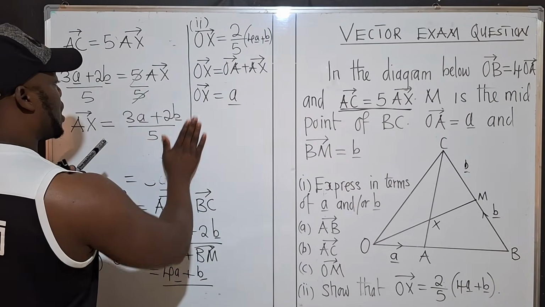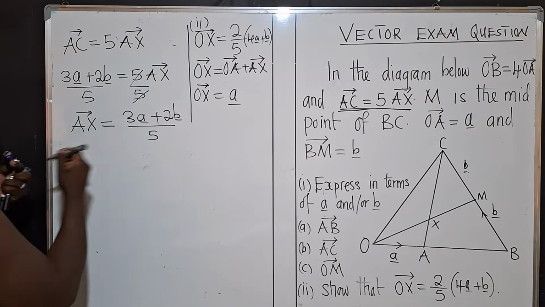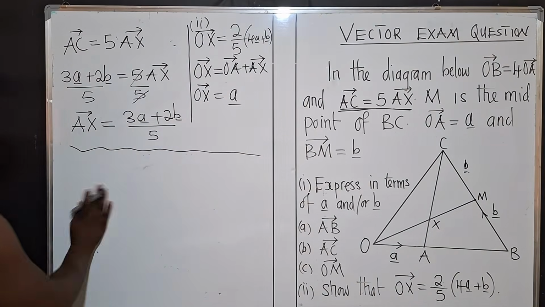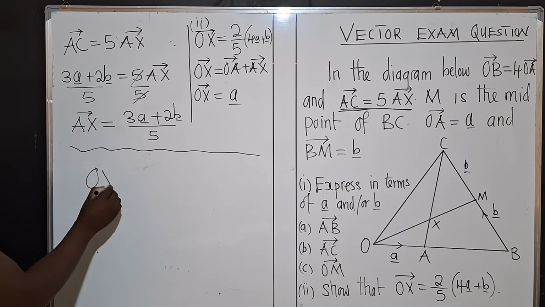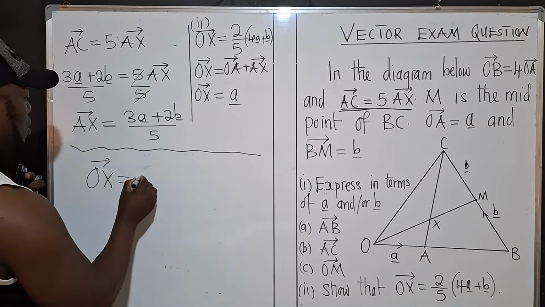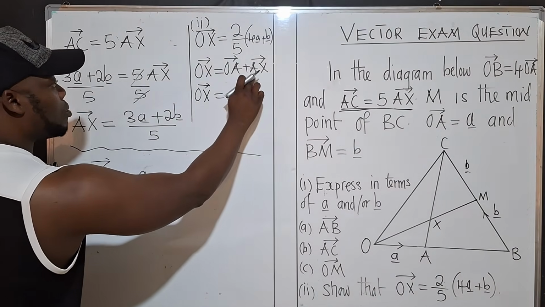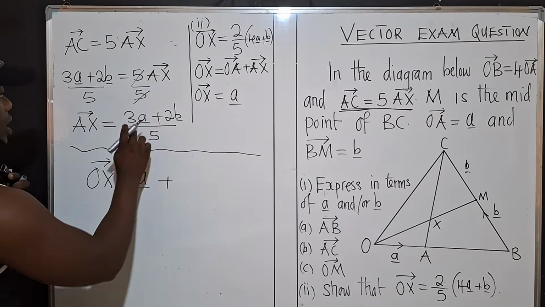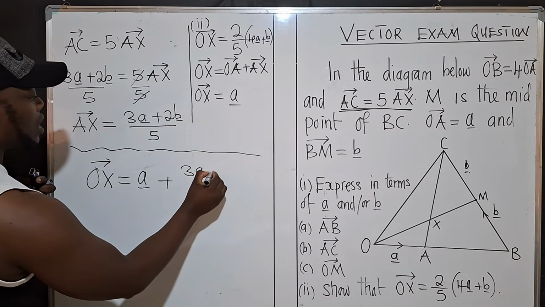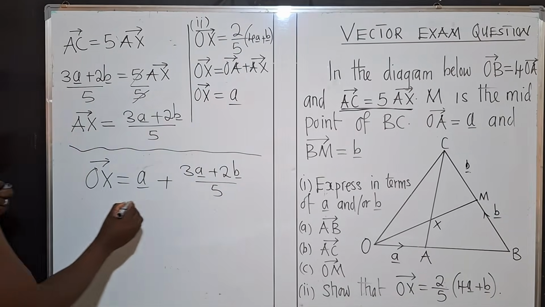I can therefore say OX is equal to OA, that is a, plus AX, which is what I found here: 3a plus 2b over 5.